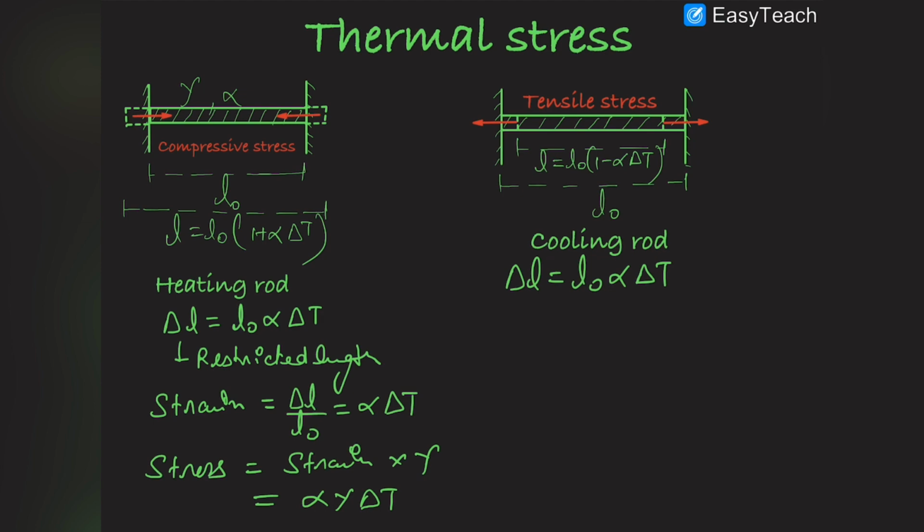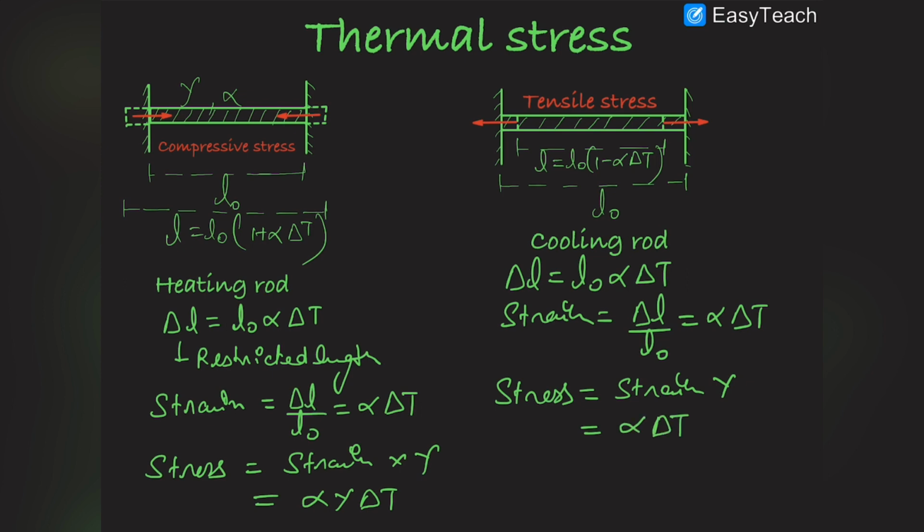What I mean to say is that this rod has this length, and the walls have pulled this rod by a length of delta L. So the strain developed in the rod would be restricted length delta L upon L0, which is alpha delta T. So the stress developed would be strain times gamma, and strain is alpha delta T, so this tensile stress will be equal to alpha gamma delta T.